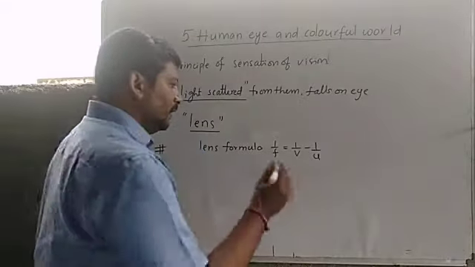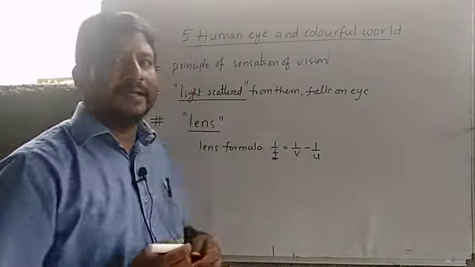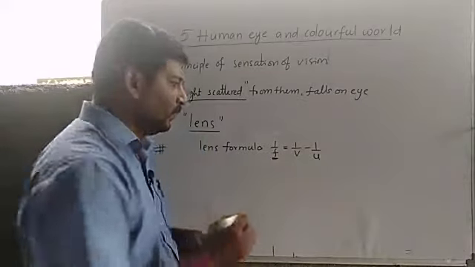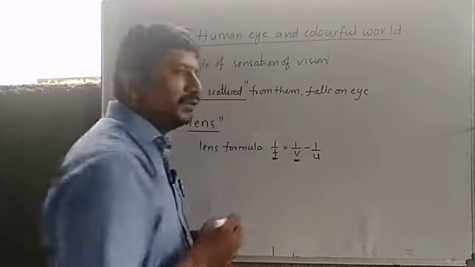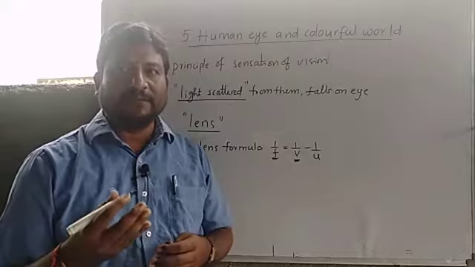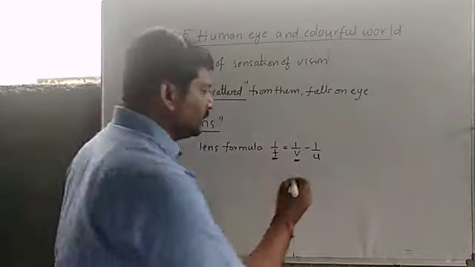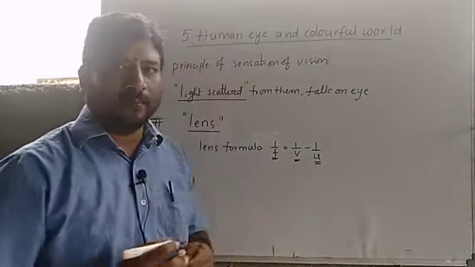In this, f is the focal length of lens, v is image distance, and u is object distance.